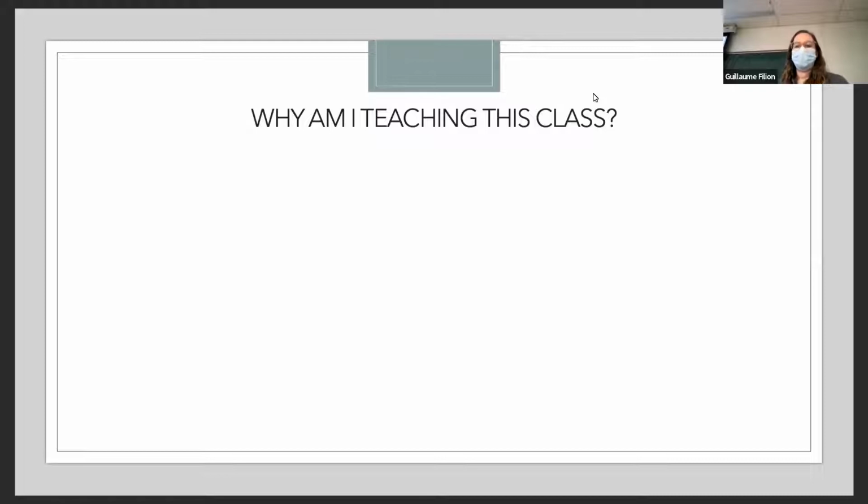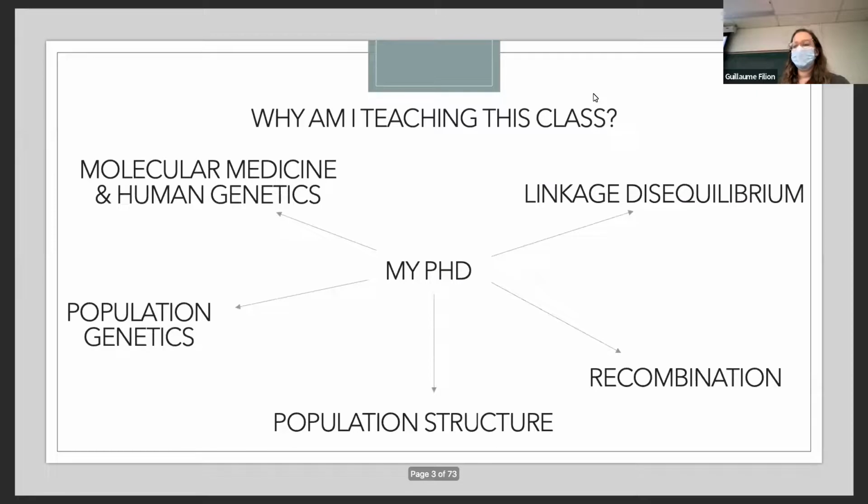Another reason I'm teaching this class is because of some of my expertise in my PhD. I don't personally use GWAS in my PhD, but a lot of the concepts that I do use are the building blocks needed to understand GWAS. Some of these include linkage disequilibrium and recombination, two really important aspects of my work and of GWAS, which we'll learn today. Also population genetics and population structure.